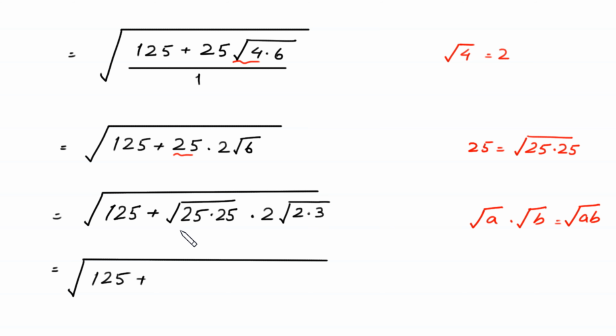We combine this square root of 25 times 25 and this square root of 2 times 3. We write this 2 first: 2 times square root of 25 times 25 times 2 times 3.